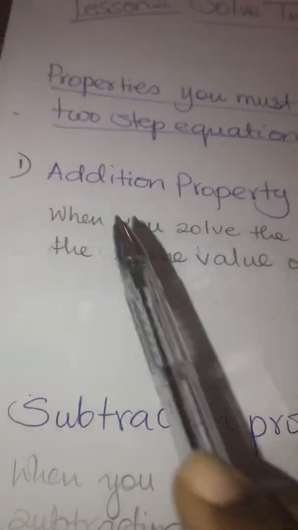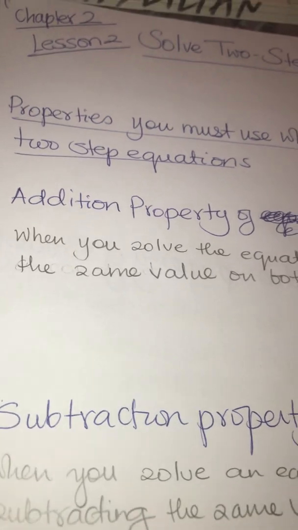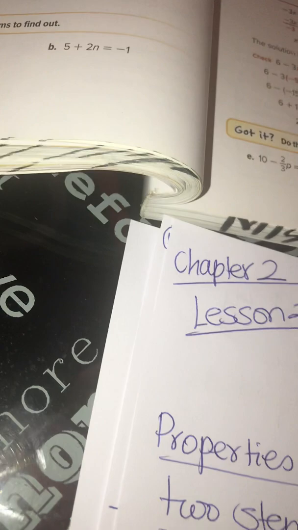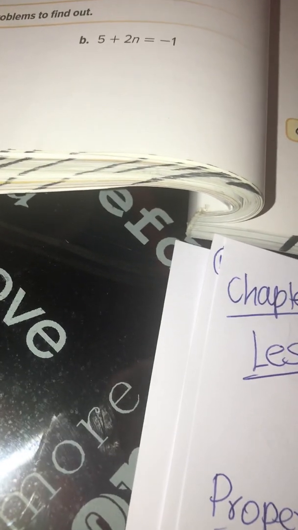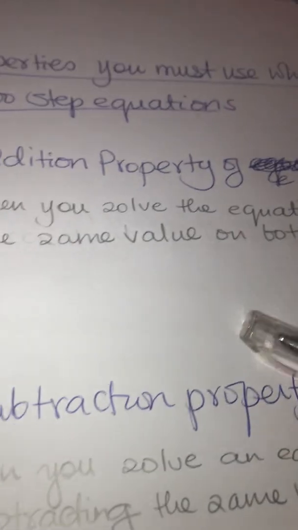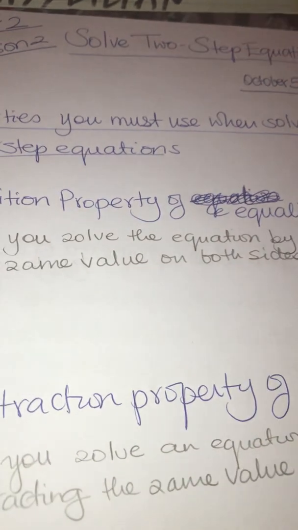Okay? So what did I say in addition property of equality? Here, how do you apply the addition property of equality? The equation must be a subtraction equation. If the equation is a subtraction equation, then you will solve using the addition property of equality.